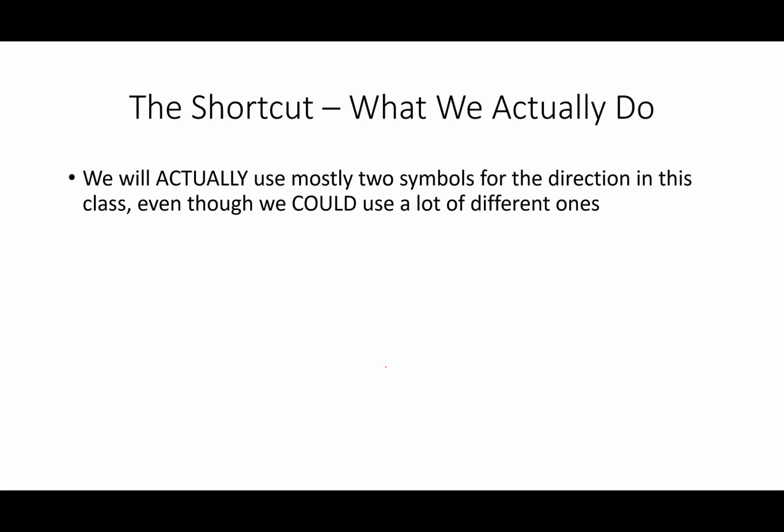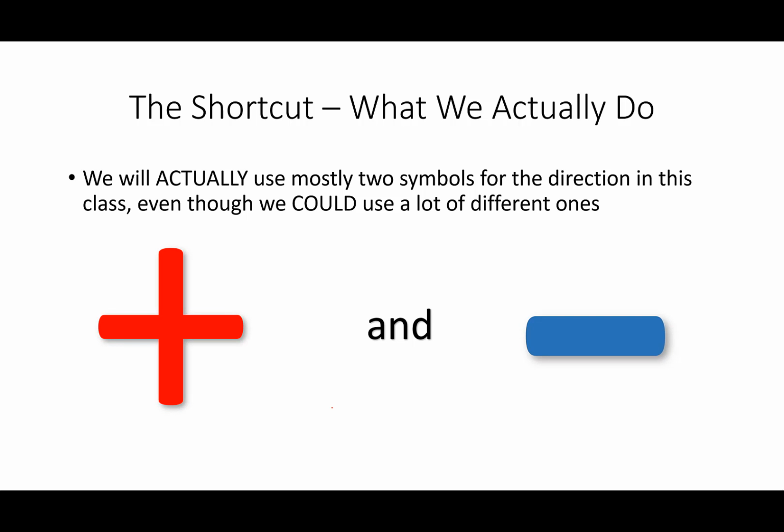We only use two symbols most of the time. We use a plus sign and a minus sign. Now, people will be confused because these are things that you use in math. And we use them here because they're kind of related to math, but not in a way you need to know right now. Just think of them the same way you would think of a smiley face, or a hollow dot, or a euro sign.